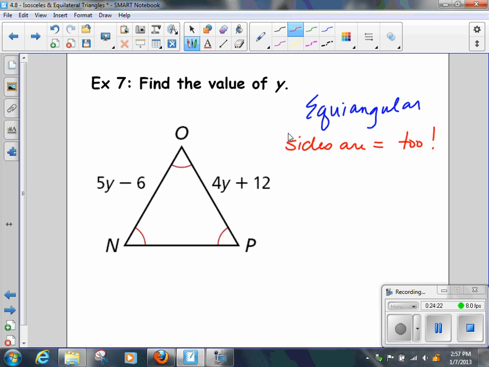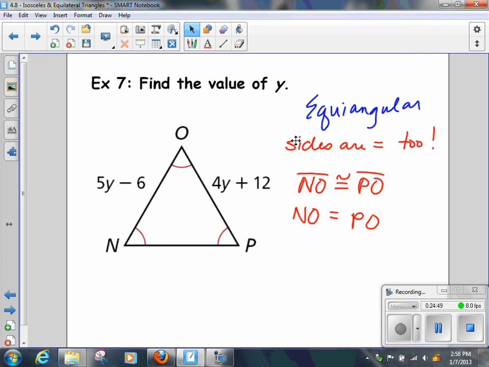So if the sides are equal, then I can say that segment NO is congruent to segment who? OP or PO. No, it's congruent to PO. Now what? NO is equal to PO.